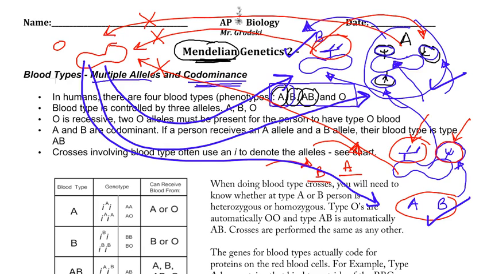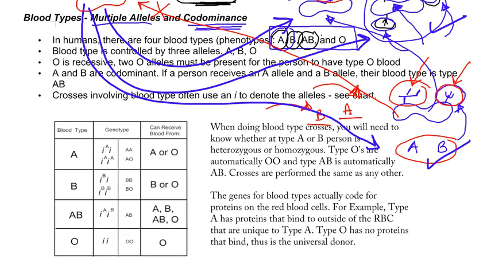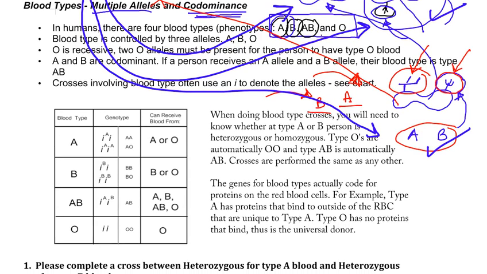But what are the alleles that make this? This is a great example of codominance because if you have both A and B proteins present, or if you have chromosomes that have both the A and, let's say, the B present, guess what? When these chromosomes are uncoiled as DNA, they can make proteins for the A and the B. Why?